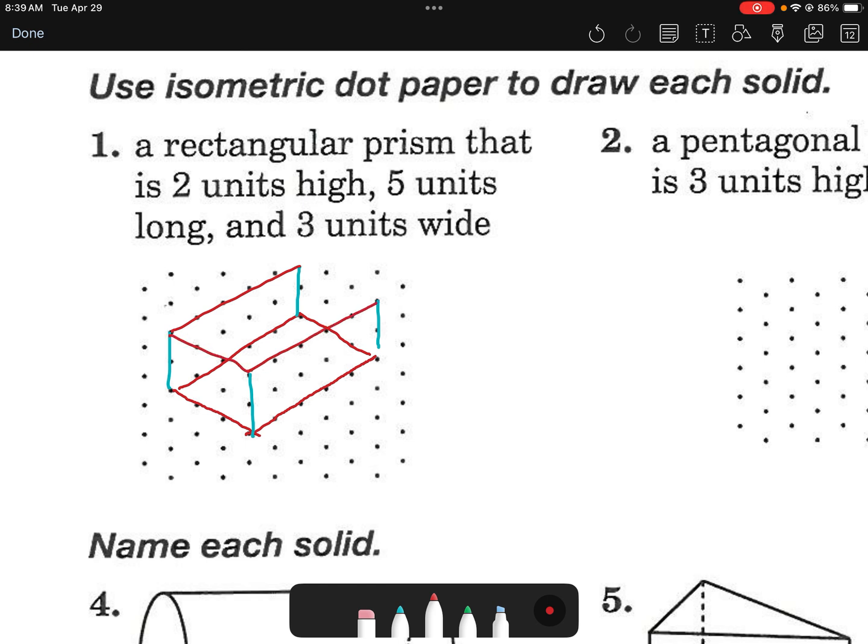It's okay to erase a couple times. It's important to keep trying until you get it right. So notice how it took me a couple chances, and I'm a professional, remember. That's your rectangular prism. Do your best.